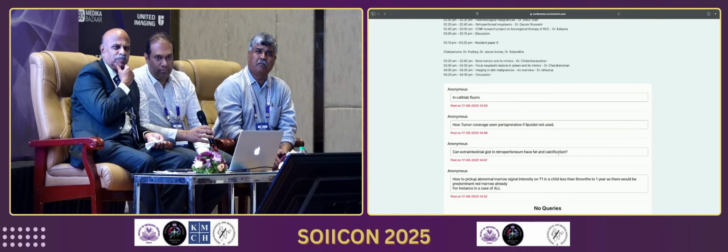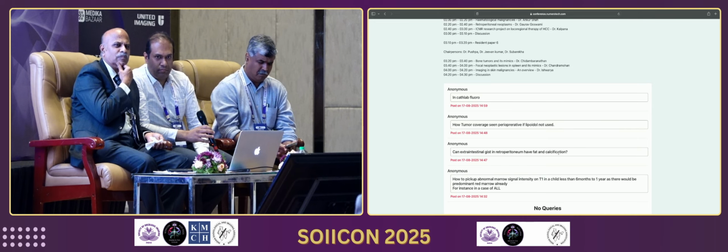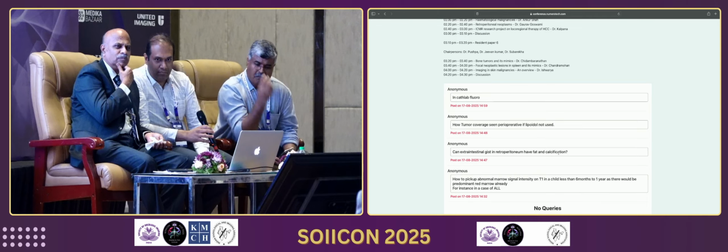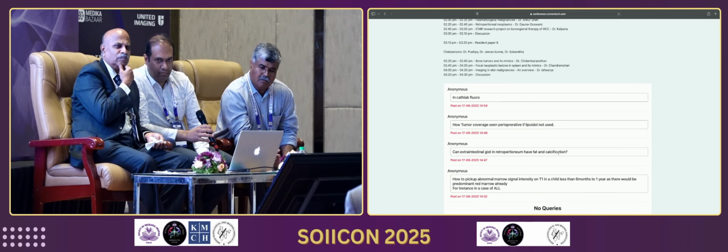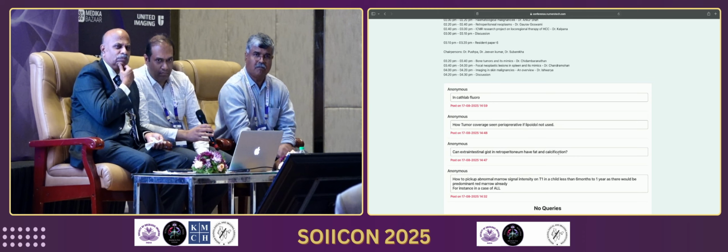So in this case, you have to go through the other sequences, inversion recovery sequences. You do inversion recovery. If there is a lesion, it will become brighter. Then you can consider that one. Again, marrow hyperplasia as well as marrow reconversion will have a similar appearance. But inversion recovery will usually show pathological tissue.